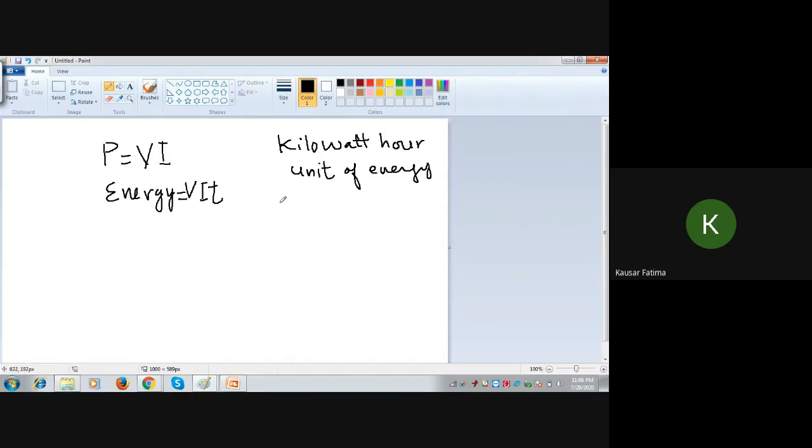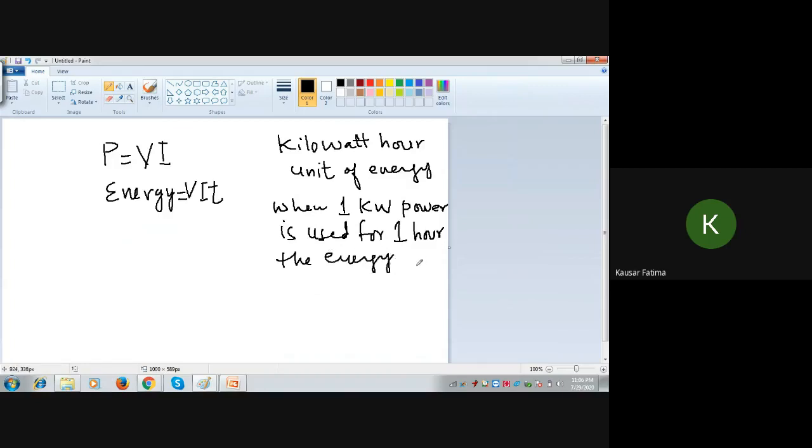And we define it like this: when 1 kilowatt power is used for 1 hour, the energy consumed is 1 kilowatt hour.